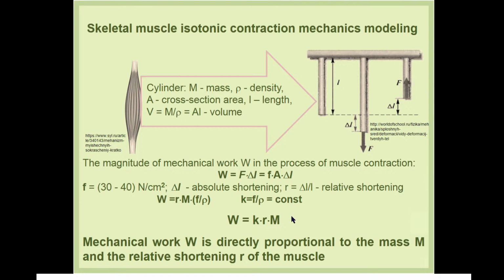Look, now what is this? It is the evidence that the mechanical work is directly proportional to the mass and the relative shortening of the muscle. The greater the mass of the skeletal muscle, the more work the muscle can do.